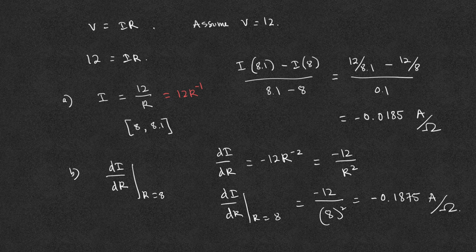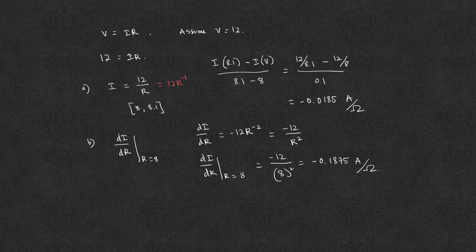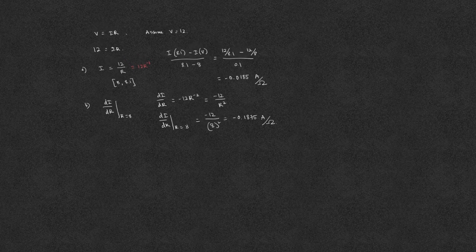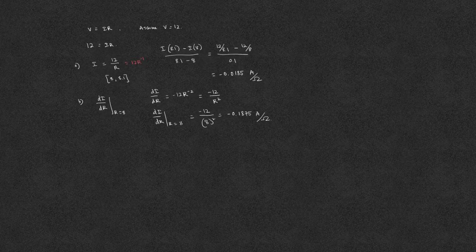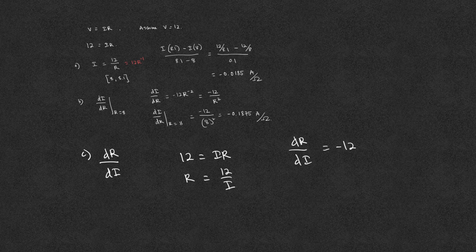Next, we're asked to find the rate of change of R with respect to I. And so this time, we would need to find dR over dI, and to do that we would need to find the equation for R. Now 12 equals IR, so R is 12 over I, and so dR with respect to I is still negative 12 I to the negative 2, or negative 12 over I squared.